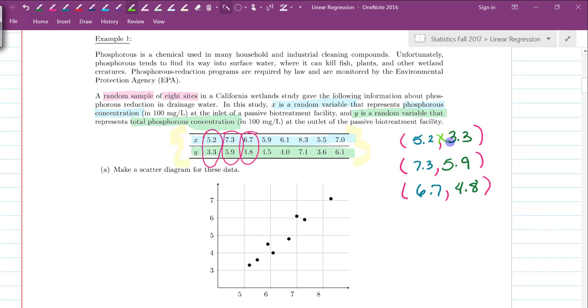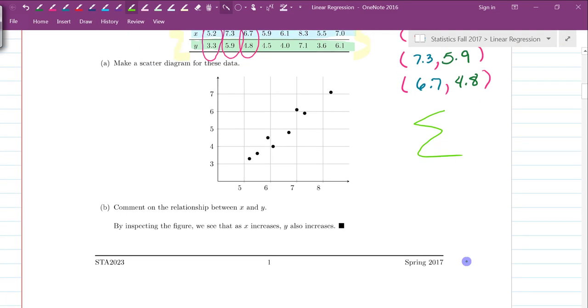And then we would add to it, what is 7.3 times 5.9? And then we're going to add to it, what is 6.7 times 4.8? And we're going to do that for each ordered pair that we have, okay? For each one, we would do the multiplication. And then we would add it together because it has the summation sign that says we add those multiplications together.